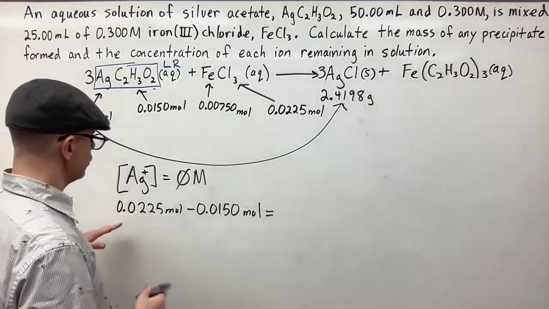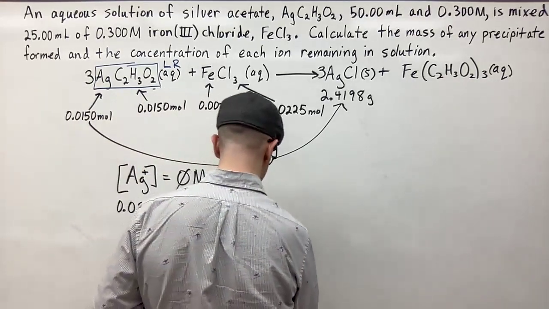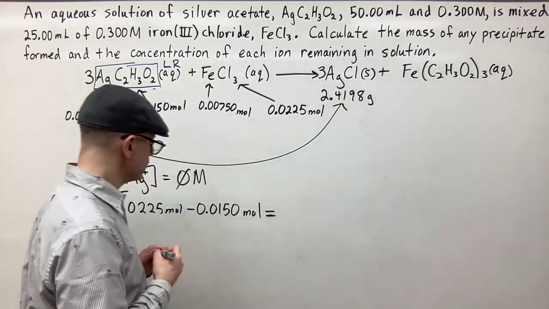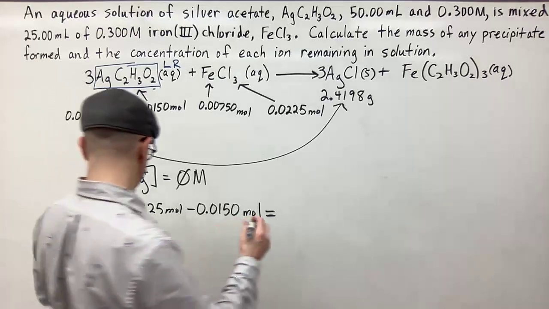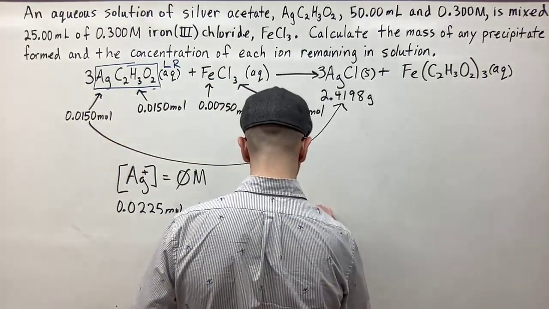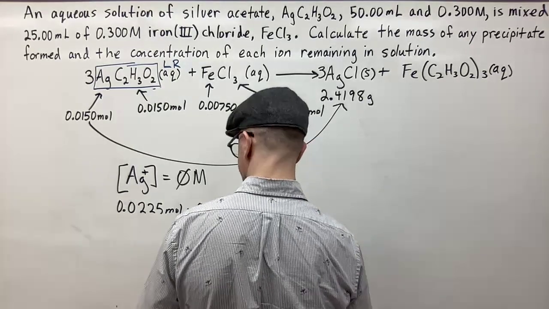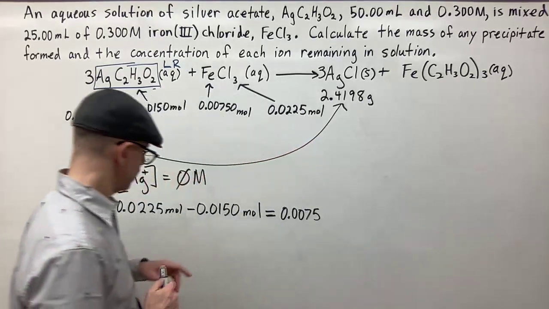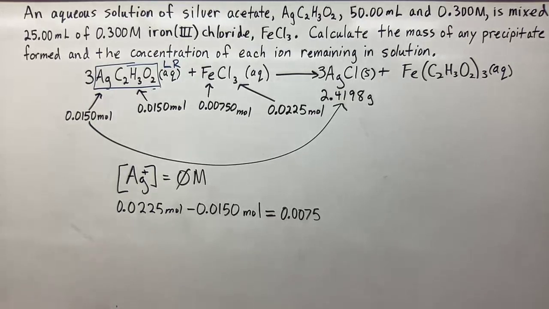So when I subtract that, that's going to look much better. So when I subtract this, I get 0.0075, I believe. Let me double check my calculation. That is correct.